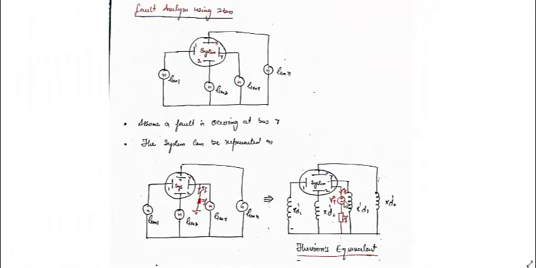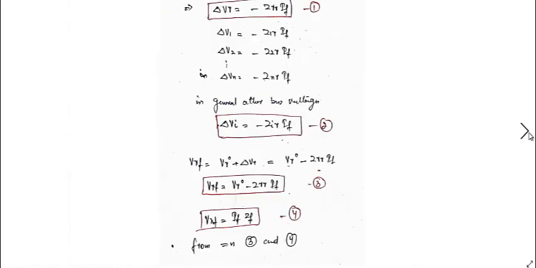Also, you can see from this equivalent circuit, this VRF, that is the post fault voltage, will be equal to IF into ZF. VRF will also equal to IF into ZF.